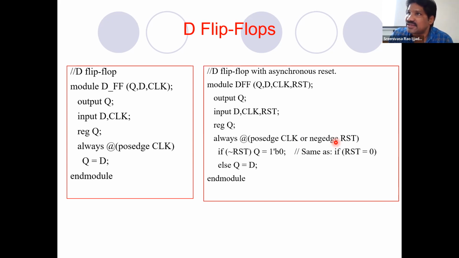Negative edge means the reset signal falls from 1 to 0, a transition from 1 to 0. That is called the negative edge of the reset. Whichever of the two signals happens, enter into this block.